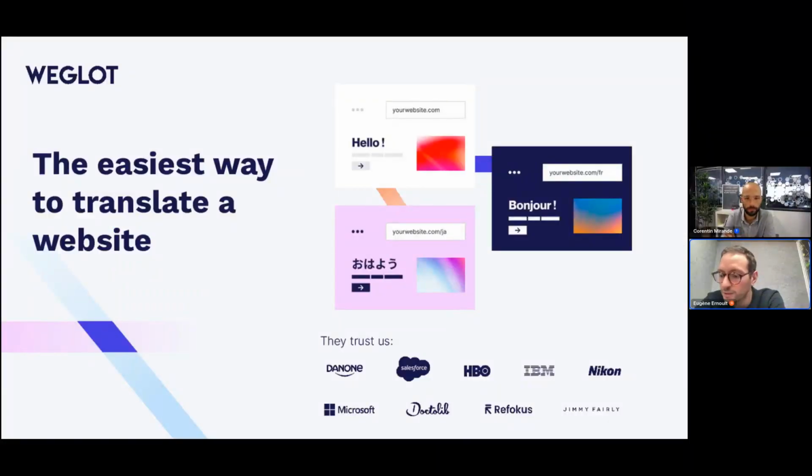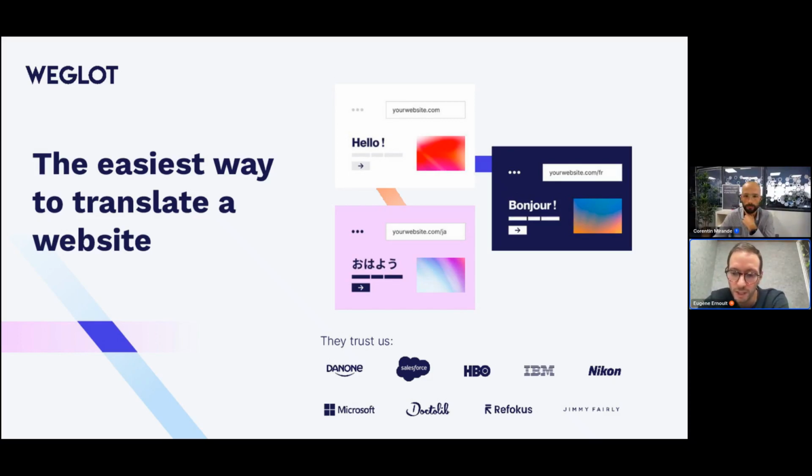So it's a no-code solution. You install us. We are completely agnostic of your CMS. So whether you're using WordPress, Shopify, Webflow, we work with any of them, and even if it's a custom built website, we help you to add a language switcher and display that website in any language.